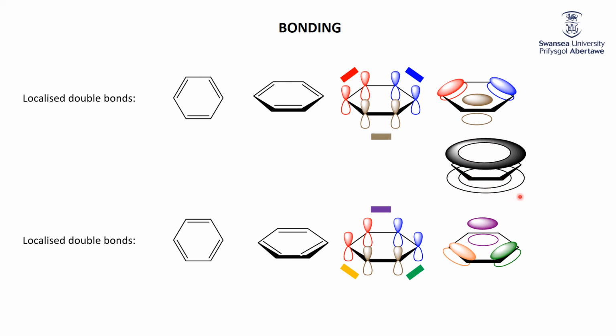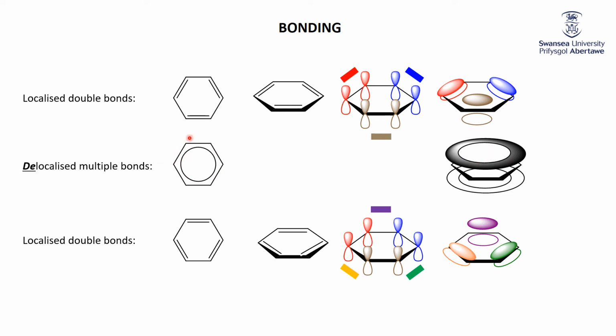So in other words, what we're saying here is we're not going to have localized double bonds, we're going to have delocalized bonds. Okay, and so when one draws a benzene molecule, a lot of the time you'll see that reflected in how we're doing it. We're not saying that this is a double bond or that this is a single bond. We're saying that, well, some of the time it's a double bond, some of the time it's a single bond, and so what we're seeing here is this attempt to draw that continual little donut.